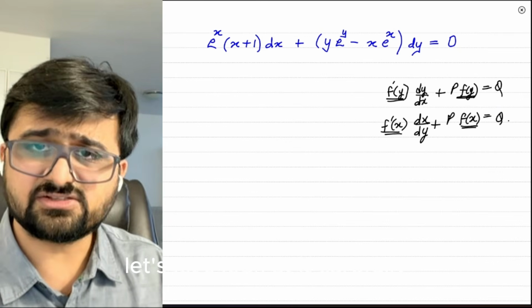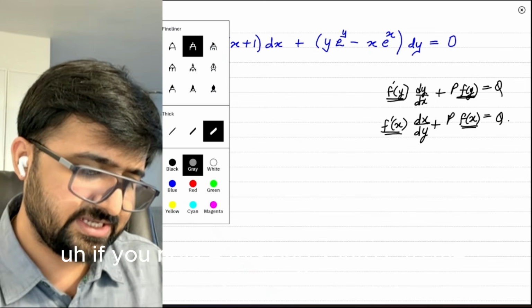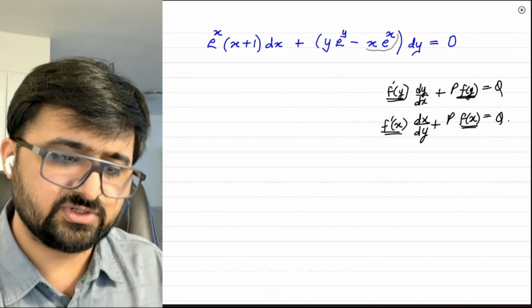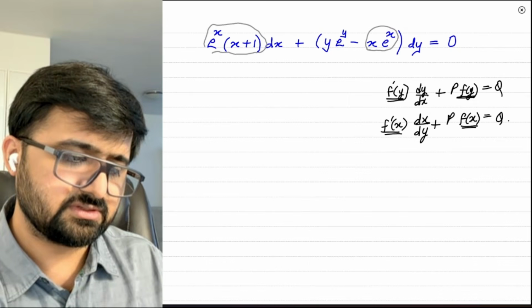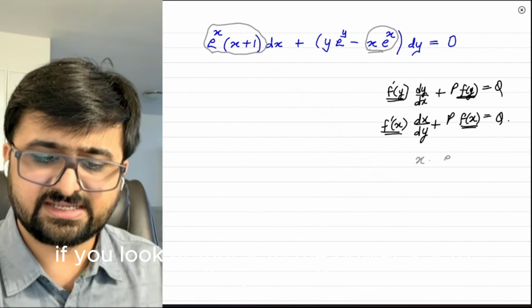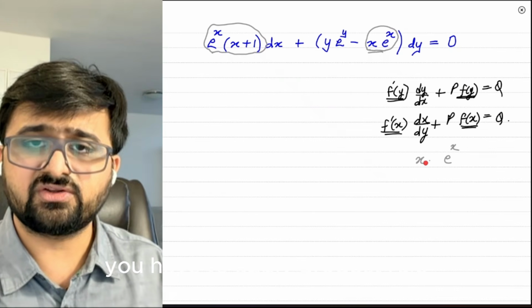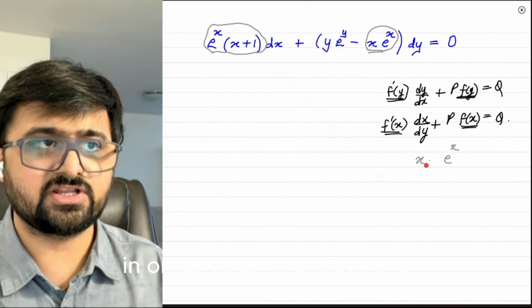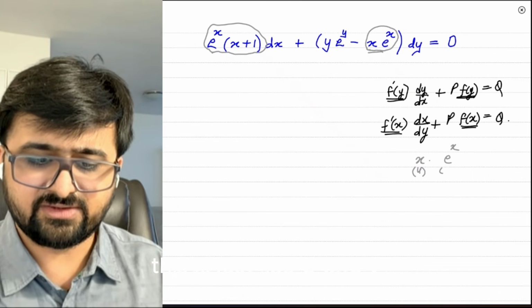Okay, let's look at it carefully. If you notice this part, x into e to the power x, the derivative is somewhere in this function. Let's take the derivative of x e to the power x. You have to apply the product rule to differentiate this. This is just like u and v.